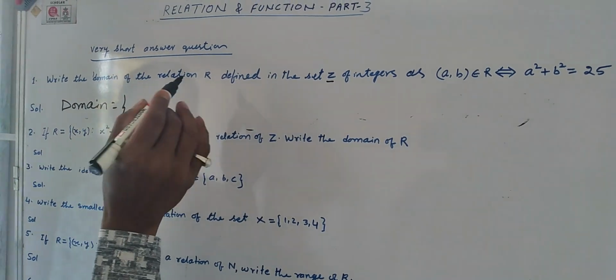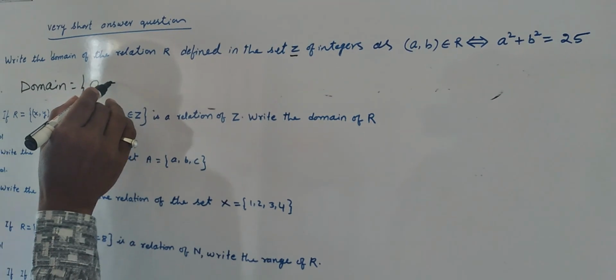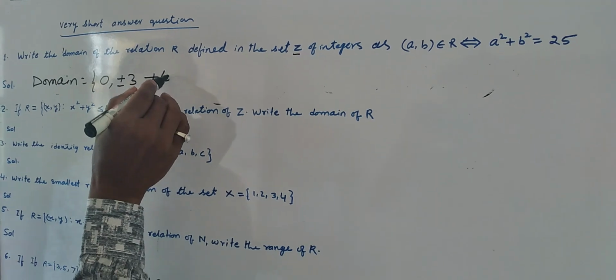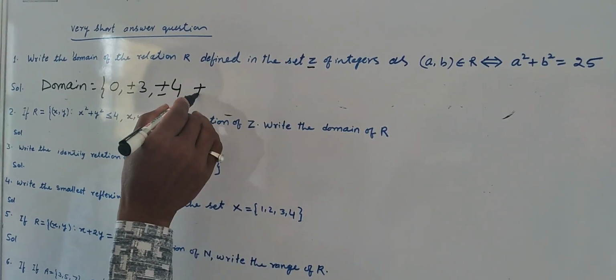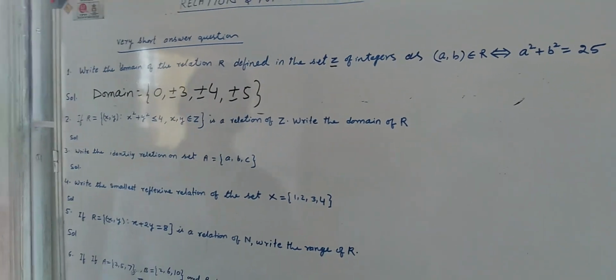So the domain of this relation will be 0, plus minus 3, plus minus 4 and plus minus 5, the set of first components.